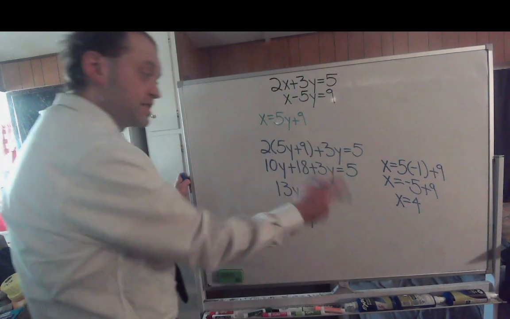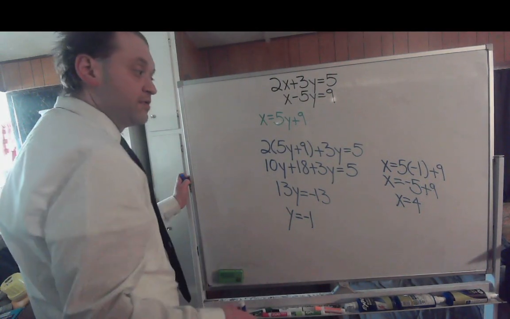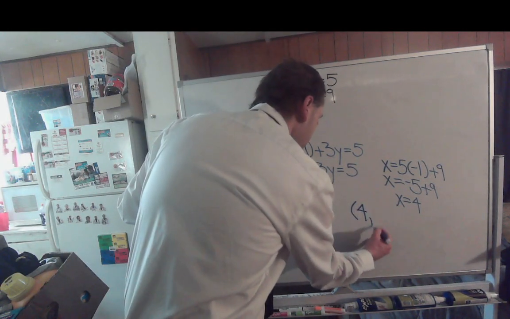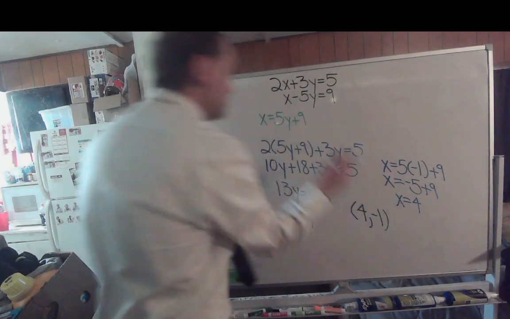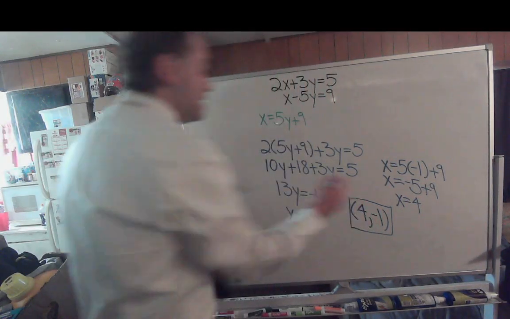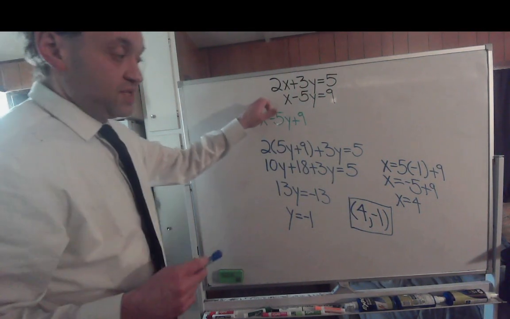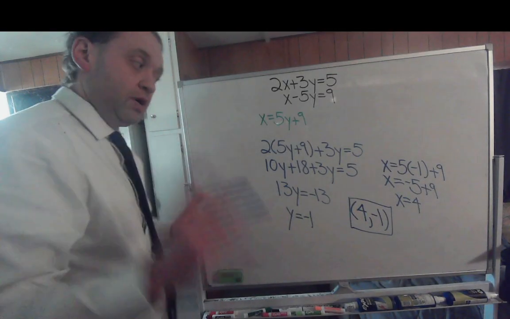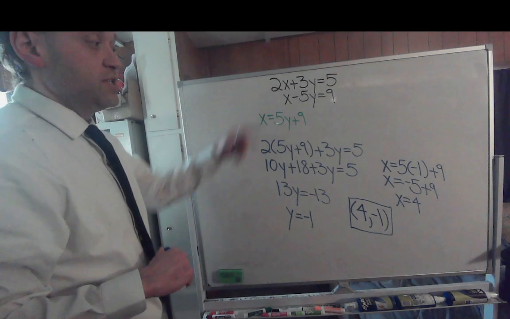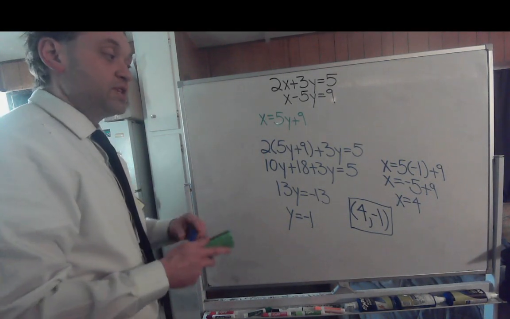So you get the x value of 4, y negative 1, so you get the ordered pair 4, negative 1 to be the solution to this system of equations. That is where these two lines intersect, at the point 4, negative 1. And if you're unsure, put that point into your equations and you should get a true statement on both sides.